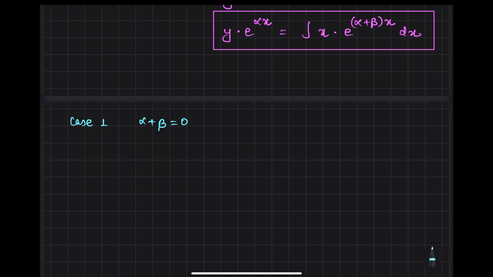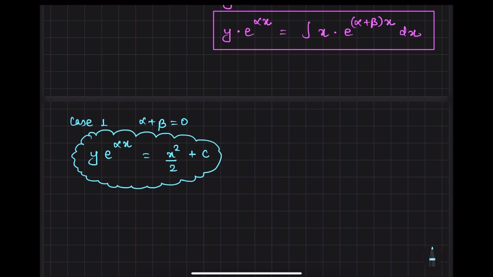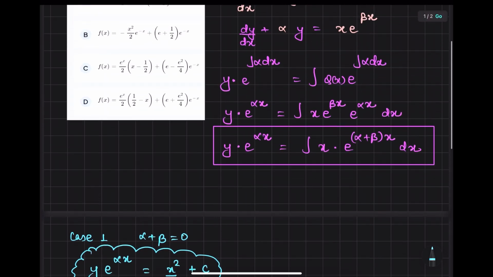So suppose alpha plus beta is 0. On the LHS we have already done everything, so y e power alpha x is equal to, since the power is 0, the integration of x dx, which gives x square by 2 plus the integration constant c. Now for case 1, this is the function, and we have to find the value of c.